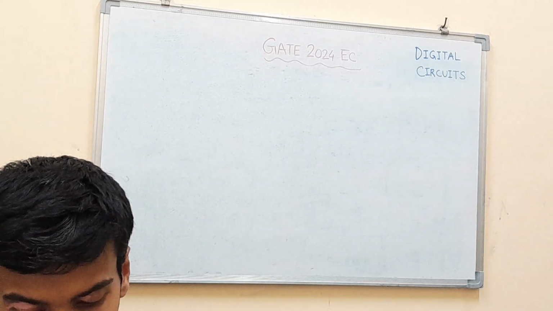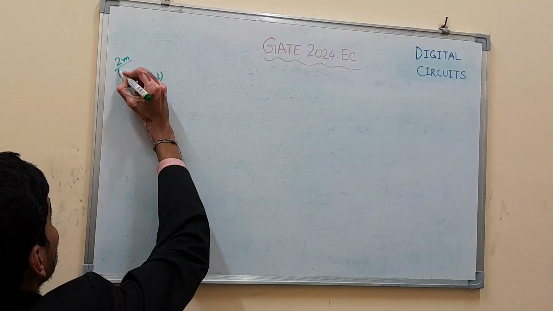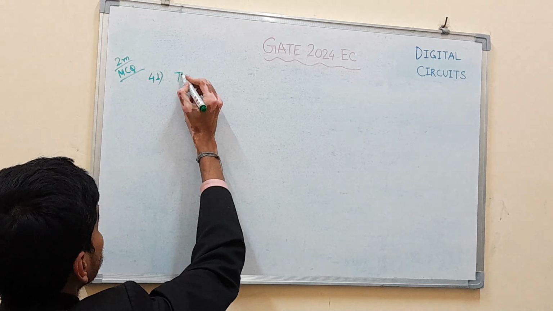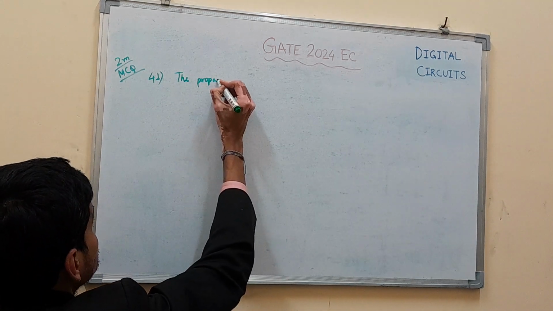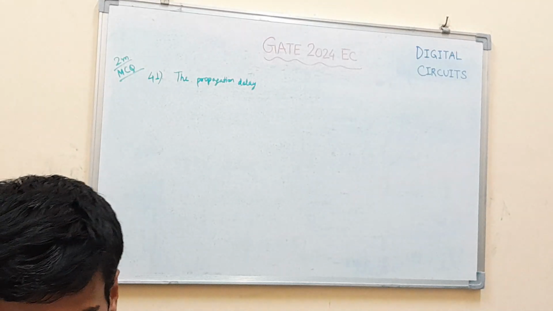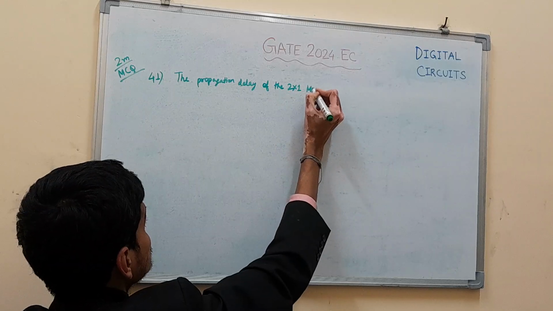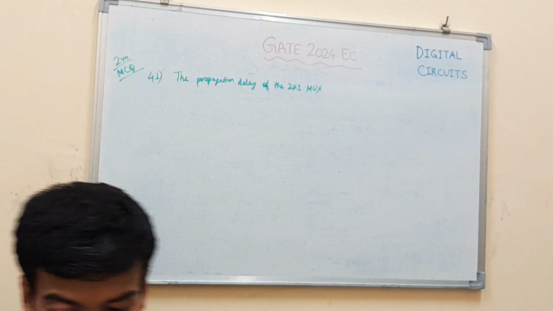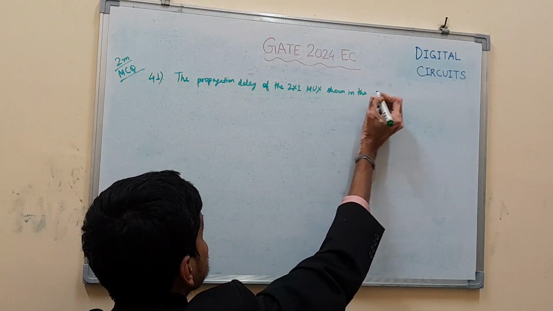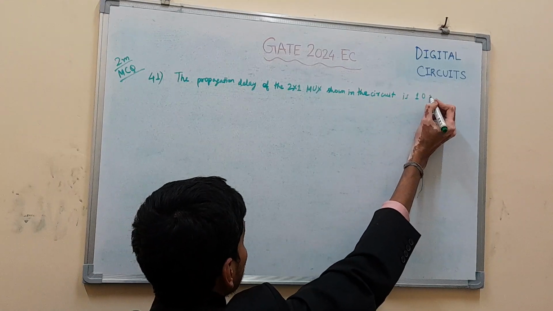The question is on propagation delay in a mux circuit, as follows. Question number 41, 2 marks, MCQ type. The propagation delay of the 2 into 1 mux shown in the circuit is 10 nanoseconds.